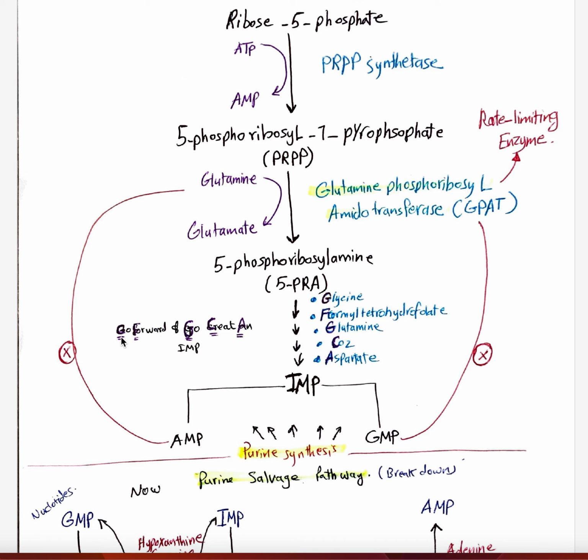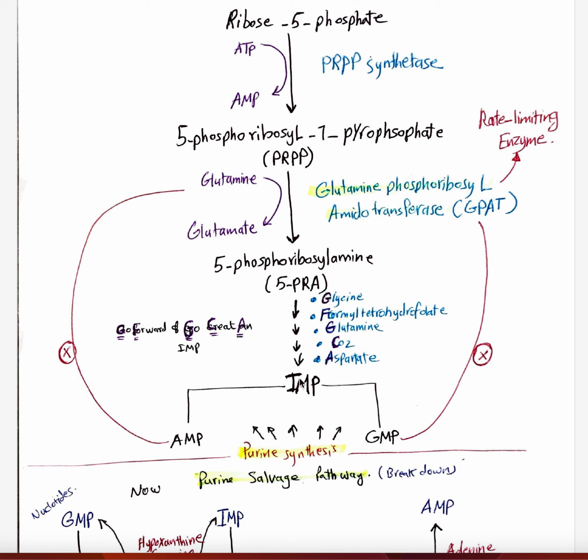So the first G, go, is glycine, which is the smallest amino acid. Forward is formyl tetrahydrofolate, and go, another G, is glutamine, create is CO2 and A is aspartate. So go forward and go create an IMP, inosine monophosphate.